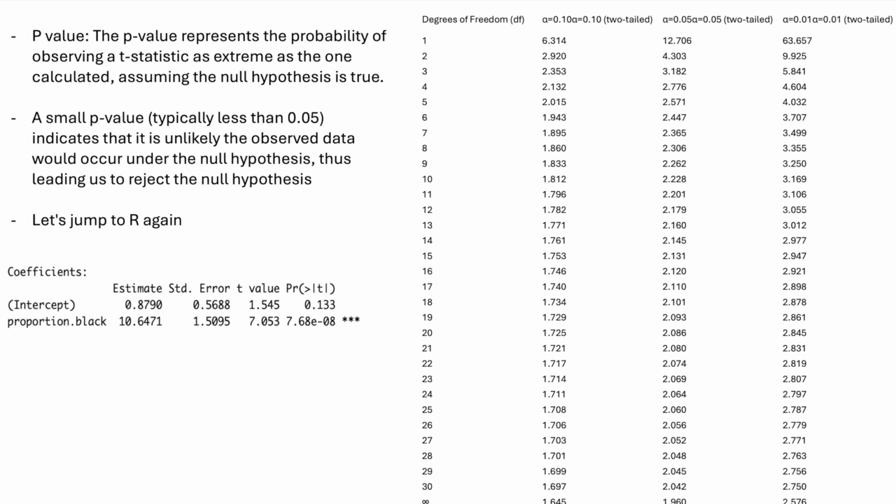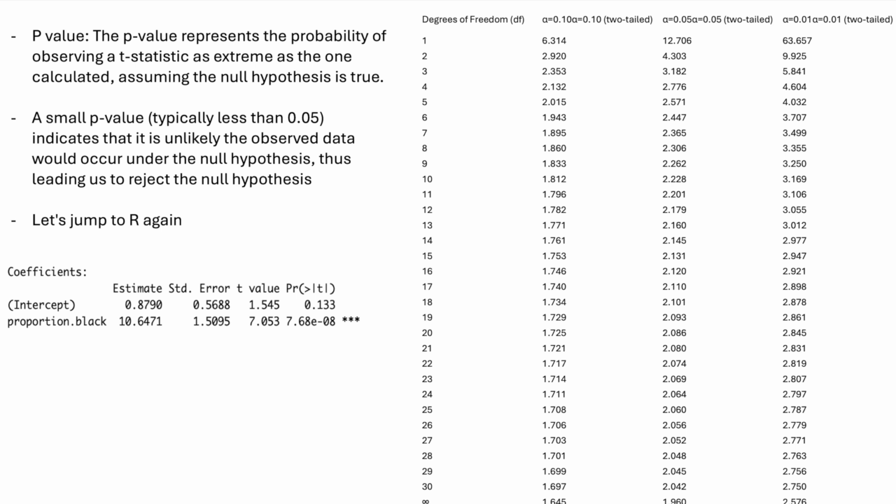Then you look for your t statistic in the row that gives you your degrees of freedom, and on the top you'll see the p-value. If the p-value is less than 0.05, then you can say that there is a statistically significant relationship between X and Y.